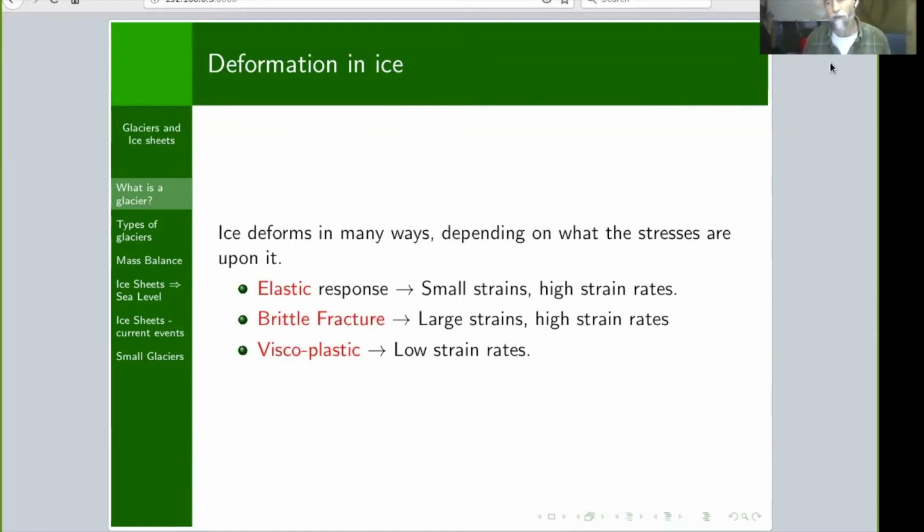The elastic response is, hopefully, at some point during your life, you have tried to get a piece of ice out of the ice bucket in your freezer and accidentally dropped it on the floor. And usually one of two things happens. One, you get that brittle fracture. Almost always there's at least a little bit of that, and that's just the ice breaking apart.